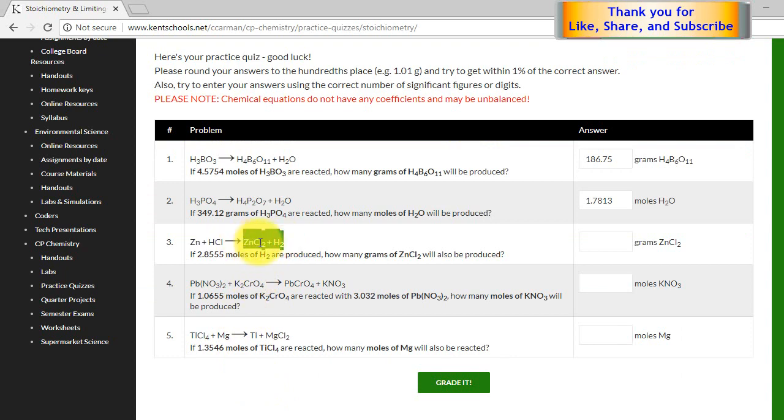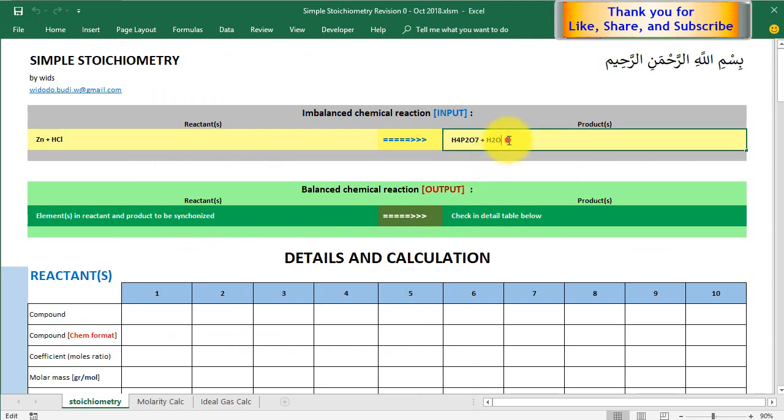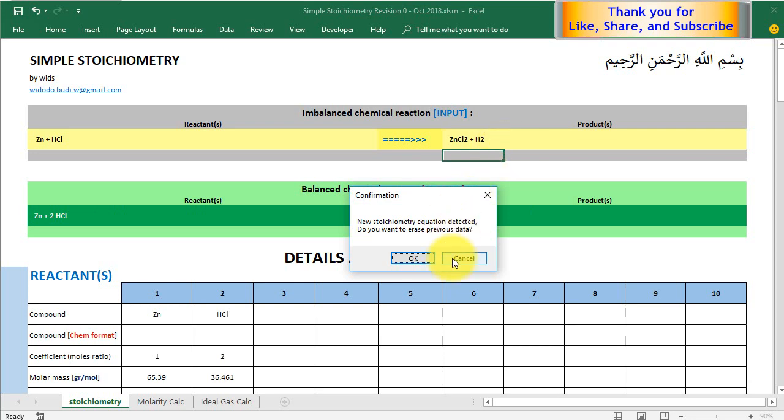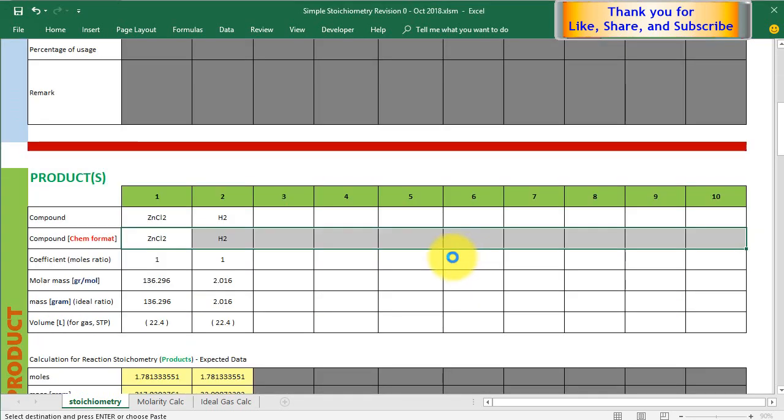Okay, for the third problem, this is zinc reacting with hydrochloric acid, and the product is zinc chloride plus hydrogen H2. Enter.